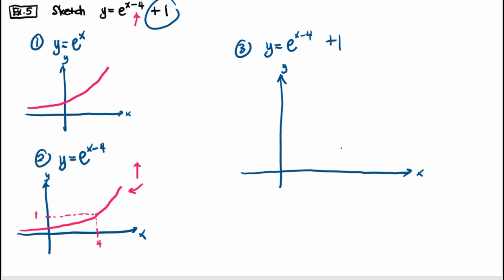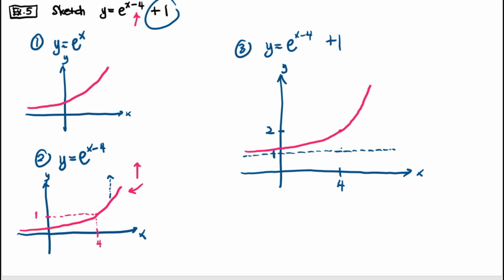Instead of an asymptote at 0, we have an asymptote here at 1, because this graph is shifted upwards by 1 unit. And this is 4 and this should be 2. We have something like this, so it goes this way, that way.